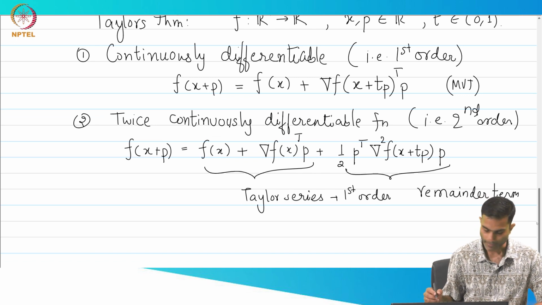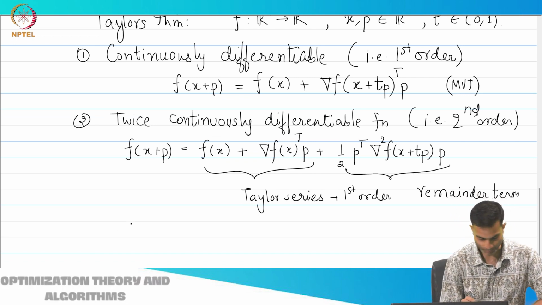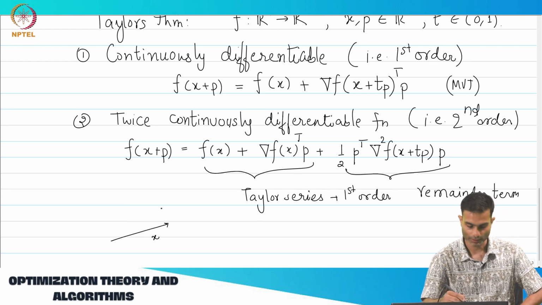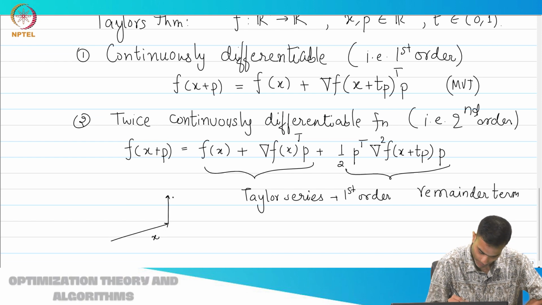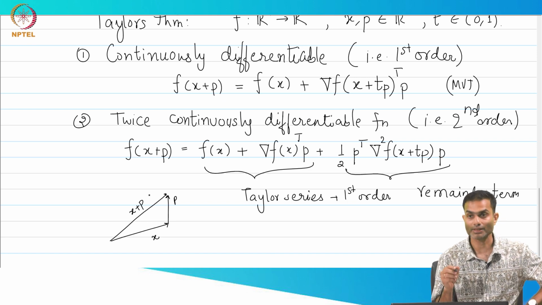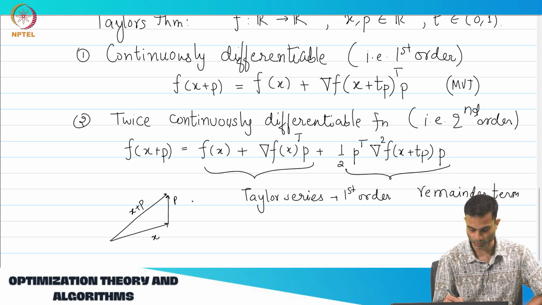You're familiar with the geometry, I drew this last time, but I'll draw it once again. This is my point x, this is, let us say, my vector p. So this vector addition gives me the point x plus p. Now t is a scalar going from 0 to 1. So as t goes from 0 to 1, x plus tp is here.